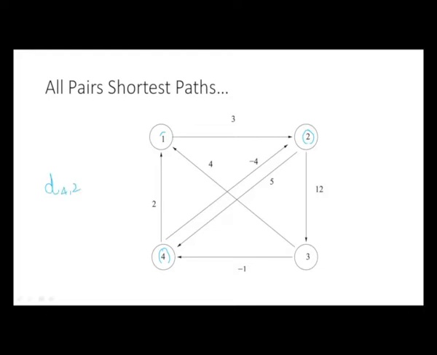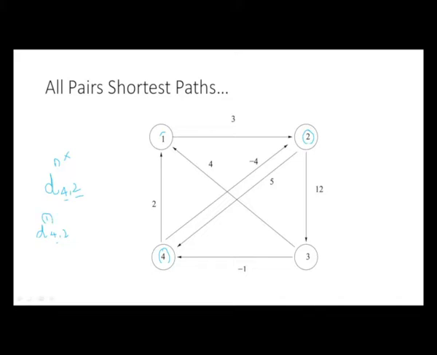If I write 0 in the superscript here, it means I am considering the path between 4 and 2 with no intermediate vertices. I may write d with 1 in the superscript, 4 comma 2. It means I am considering a path from 4 to 2 with intermediate node 1.